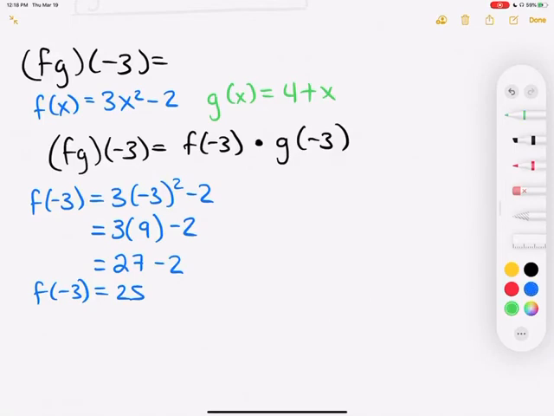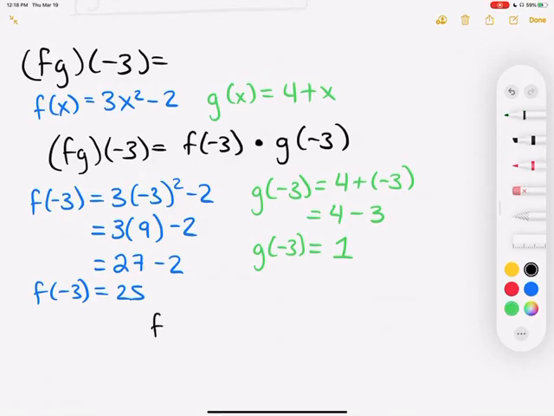Now we have to find g of negative 3 as well. So g of negative 3 is replacing all of the x's in the function with negative 3. So if you get rid of the parentheses, it's going to be 4 minus 3. 4 minus 3 is 1, so this is the value for g of negative 3. Now the problem said that we have to find fg of negative 3.